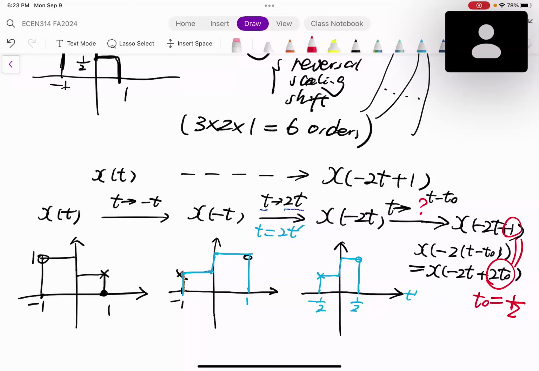So what I'm doing here is t minus 1/2. Okay, so this is what you need. In the end, you need +1, but essentially you are doing 1 divided by -2. So what does it mean? Eventually you need the time shift of 1, but the time clock is no longer like the original t anymore.